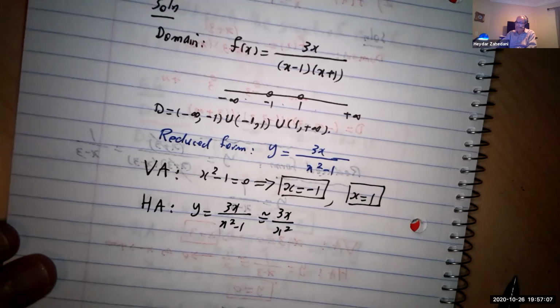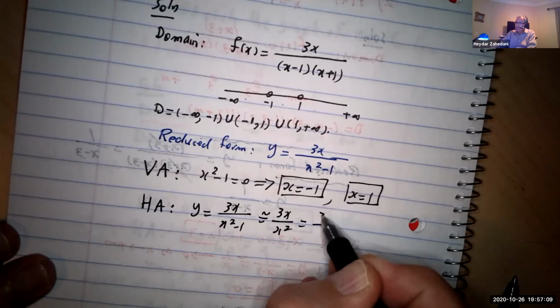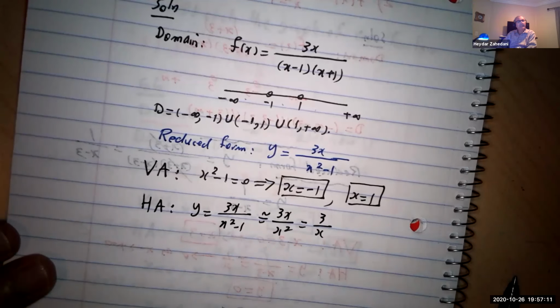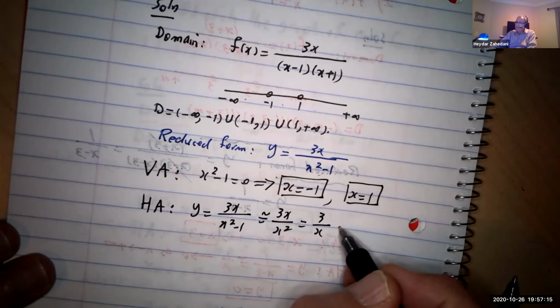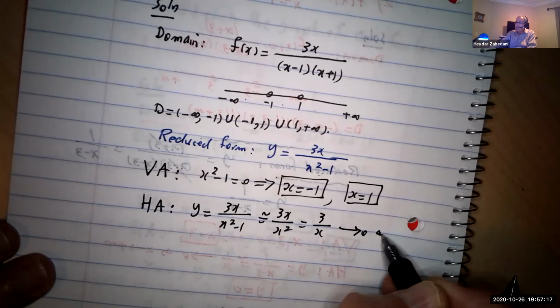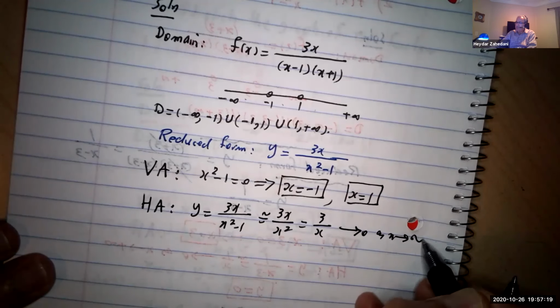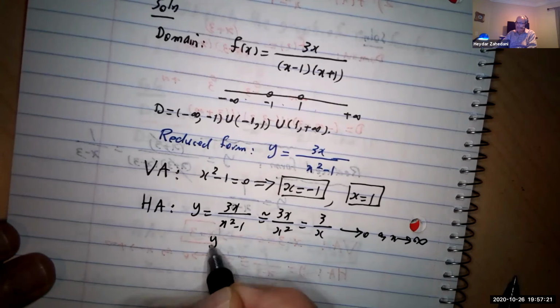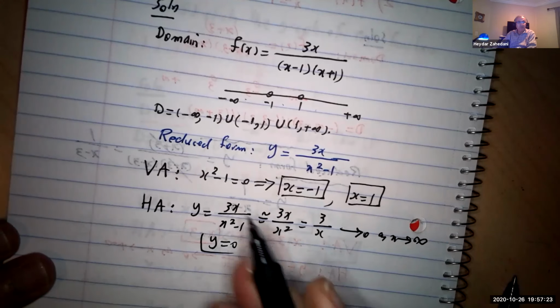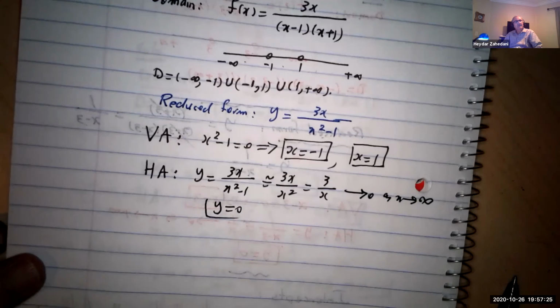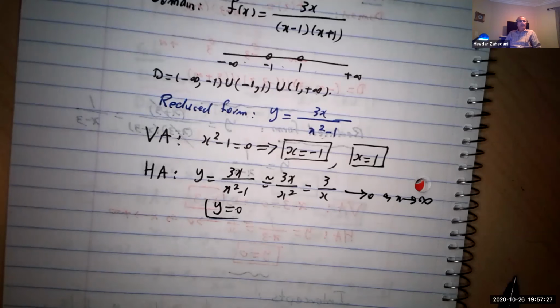One of the x's would simplify, we get 3 over x, and that's a pizza problem because the x makes the denominator infinity, so this would be 0 as x goes to infinity. So this means y equal to 0. We can say y equal to 0 right away, because when the degree of the bottom is higher, it is always going to be 0.